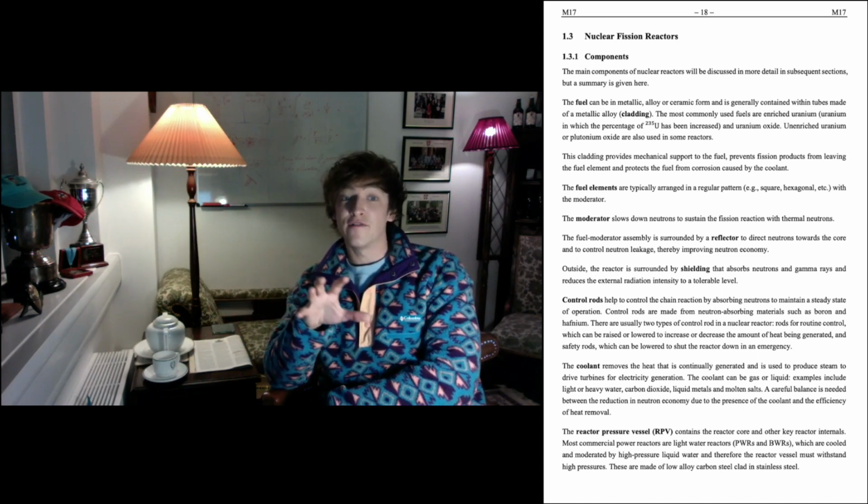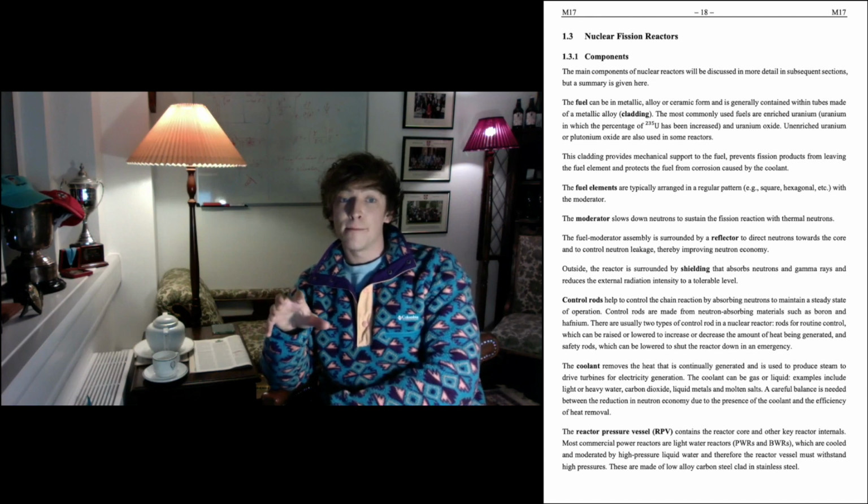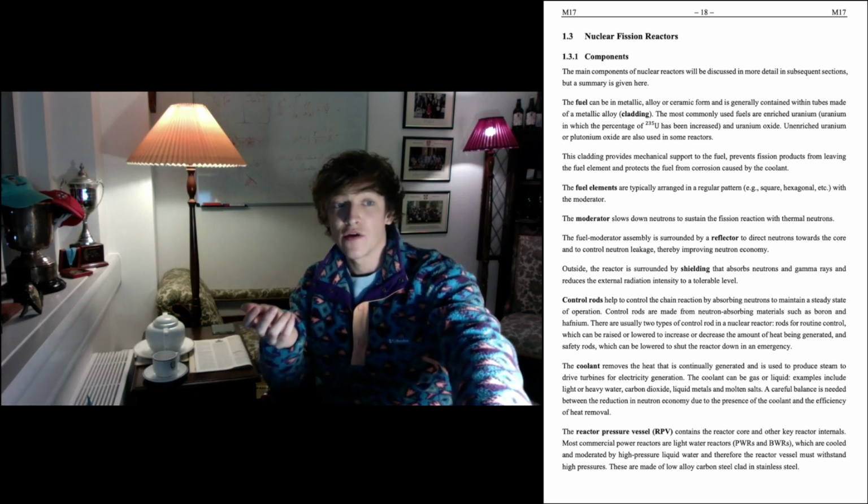Because as you'll recall, neutron cross-section is a function of neutron energy. I showed you a graph for uranium-235, showing a higher likelihood of fission occurring for neutrons of lower energy. And we depend on that slowing down of neutrons to really sustain a fission reaction in thermal reactors.